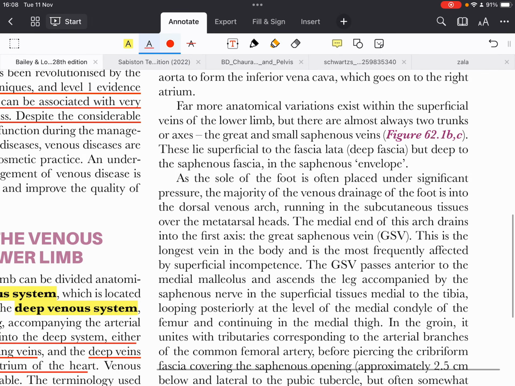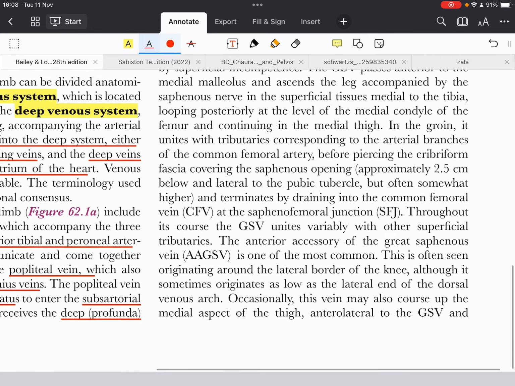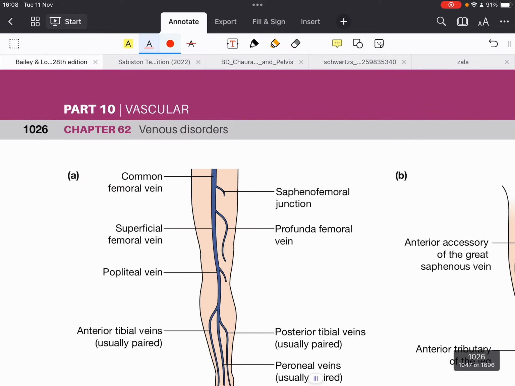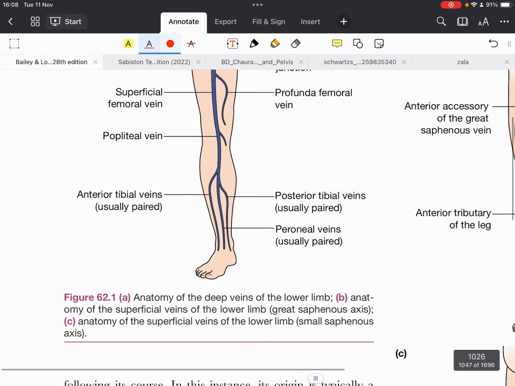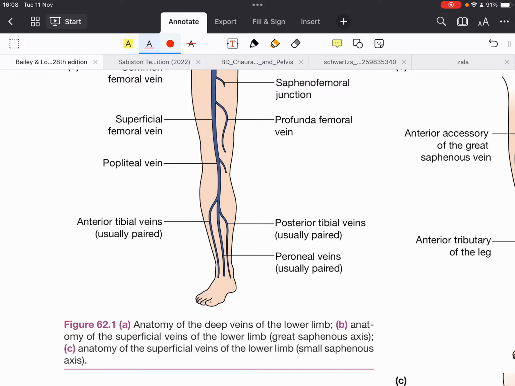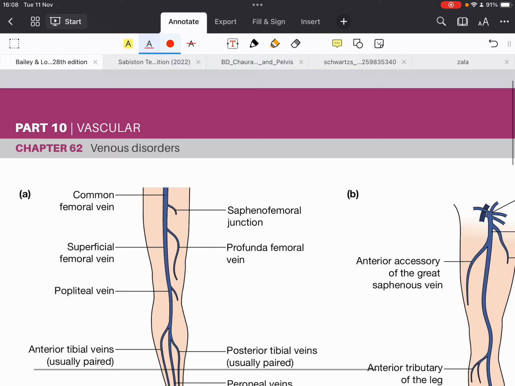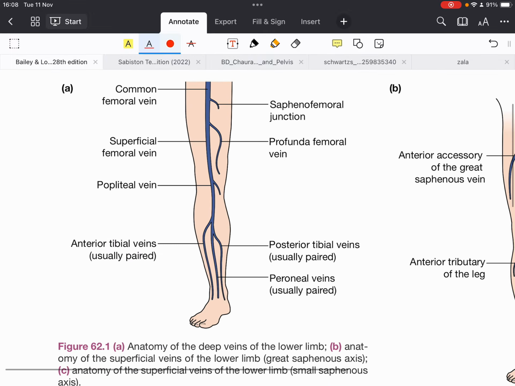For more anatomy, let's see image 62. Anatomy of the deep veins of the lower limb; anatomy of the superficial veins of the lower limb, great saphenous axis. This is the anterior tibial vein, this is the posterior tibial vein, and the middle one is the peroneal vein.